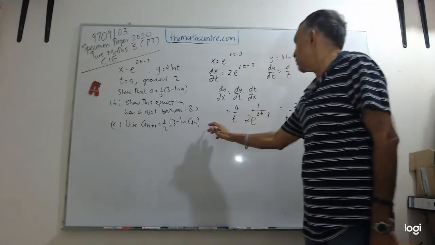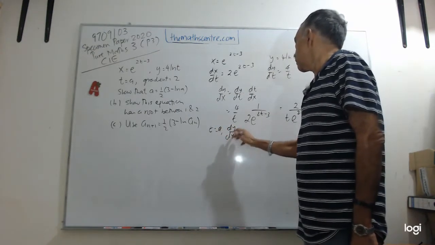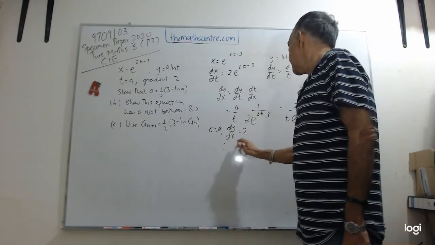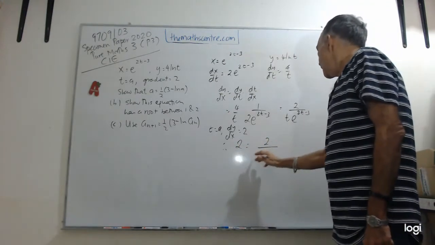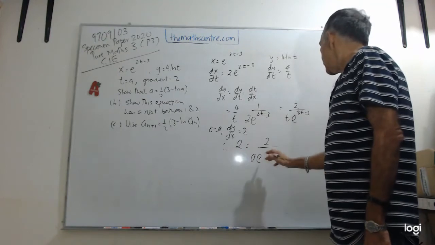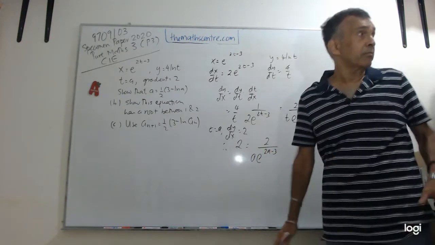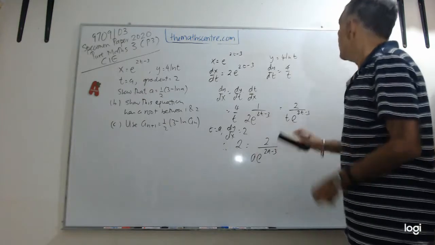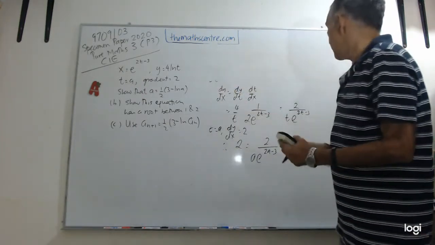So when t equals a, you are given dy/dx equals 2. Let's plug that in. 2 equals 2 over a e to the power of 2a minus 3. Let me get my eraser. Okay. So from here, let's clean up a little bit.